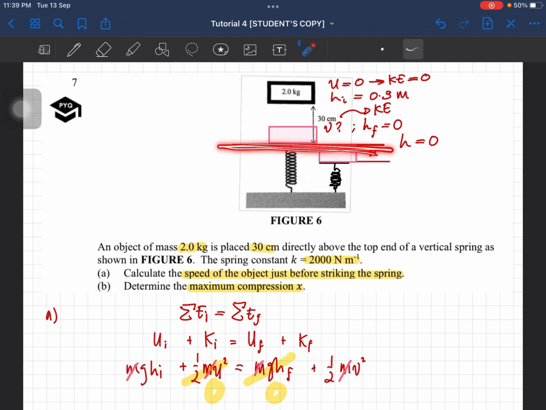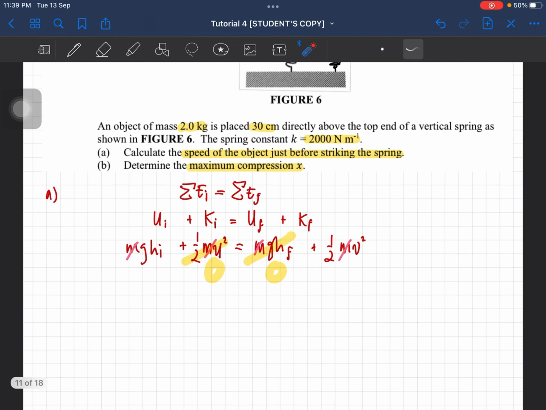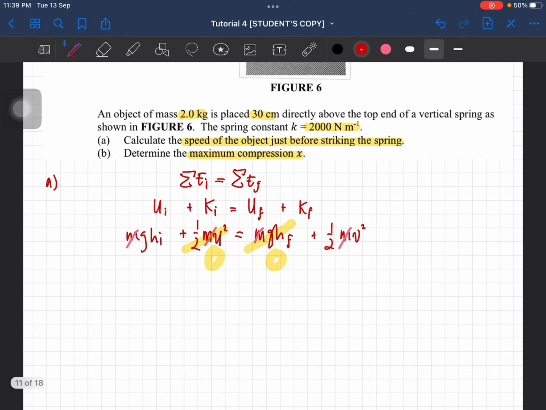And then our reference point is here. When the block falls, it lands on the top end of the spring. So we put h equal to 0 because it is at the reference line. From there you will be left with g h initial equal to v squared over 2.